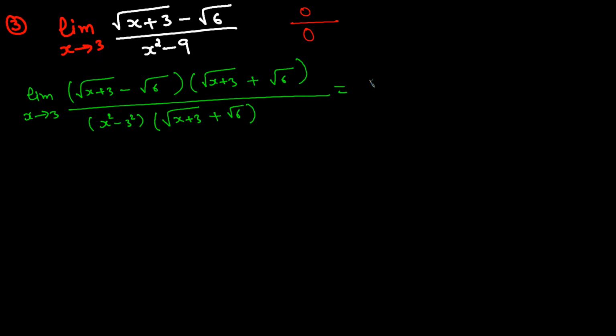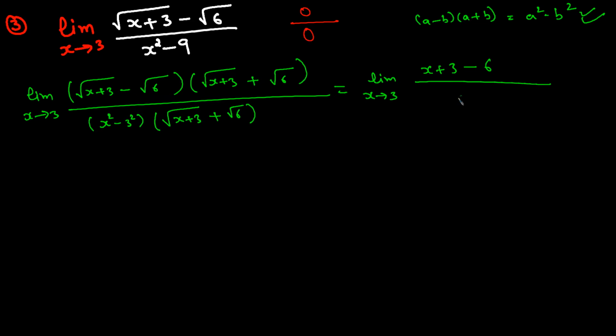Okay, so limit x approaches 3. Again, a minus b into a plus b is equal to a squared minus b squared. So a squared is x plus 3, minus b squared, root 6 squared, just 6. Again, a minus b into a plus b is equal to a squared minus b squared.